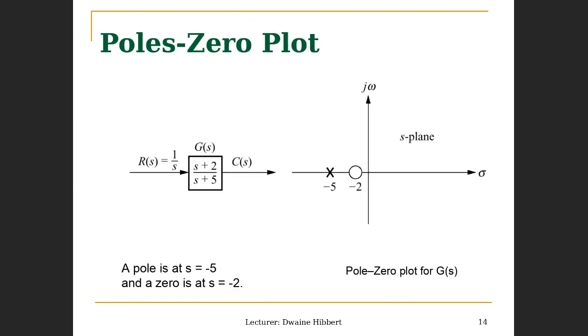Let's expound on that a little bit. Here, I want us to focus our attention on this system. The transfer function for that system is (s+2)/(s+5). If we start by examining poles, remember we said that poles are the values of s that will cause the transfer function to become infinite.